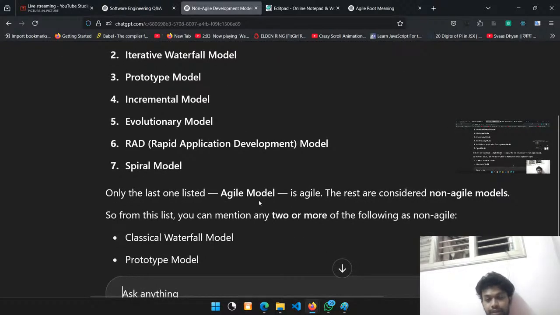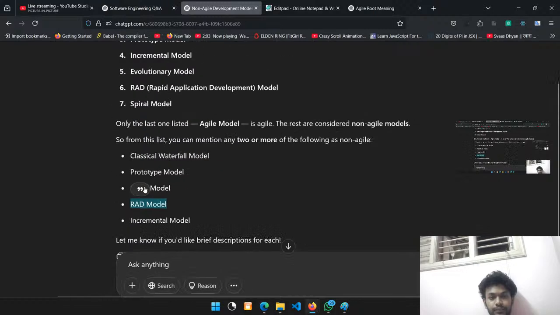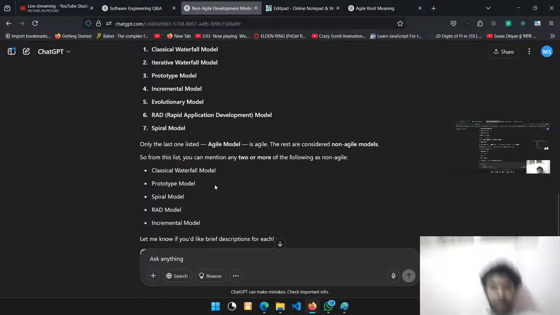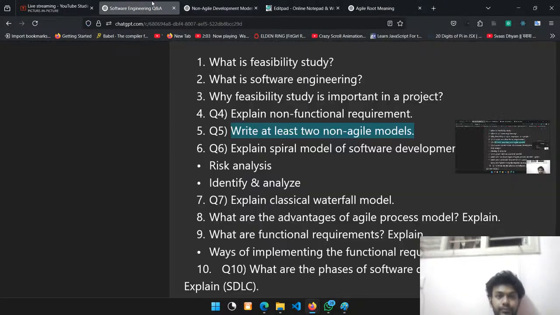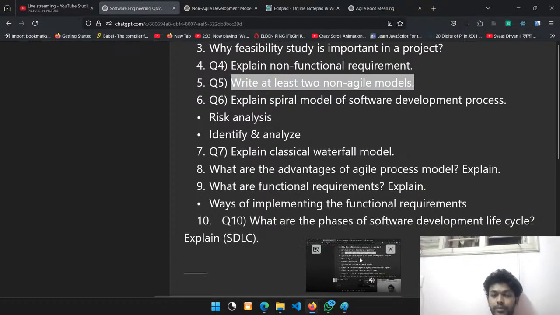The last one listed, agile model, is agile, and the rest are considered non-agile models. The classical waterfall model, the prototype model, spiral model, incremental model. Okay, RAD model, waterfall model, prototype model, spiral model, incremental model. Explain the spiral model of software development process.